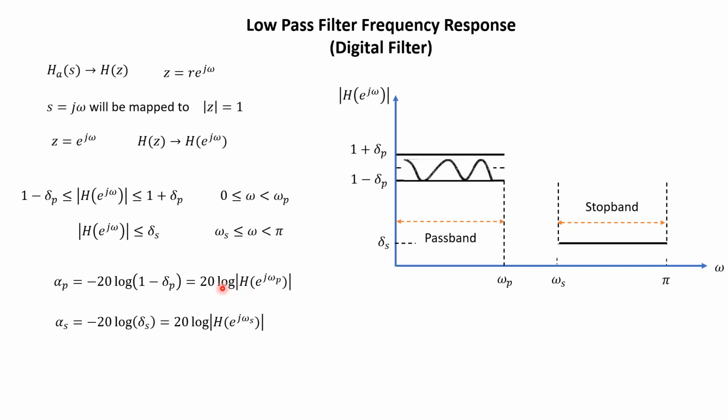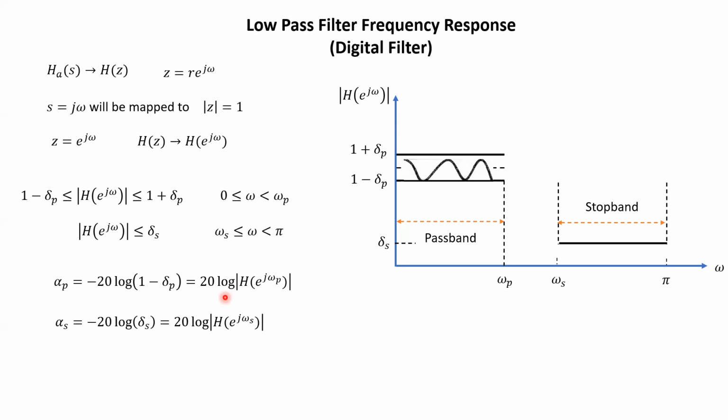If we substitute, we will be able to calculate the attenuation alpha p given in dB. This formula can be used for calculating the attenuation, or the frequencies at which this attenuation takes place.